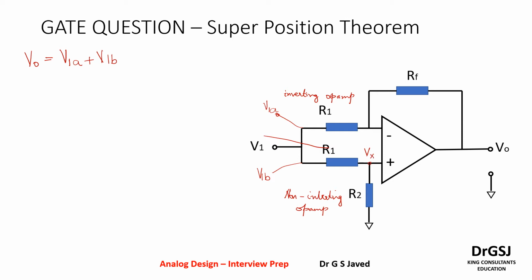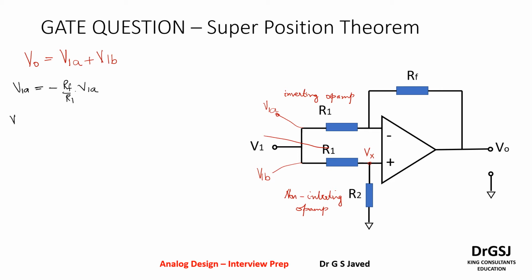So now let us write down the equations for the above. V1A is given by the inverting op amp configuration: minus Rf by R1 times V1A.